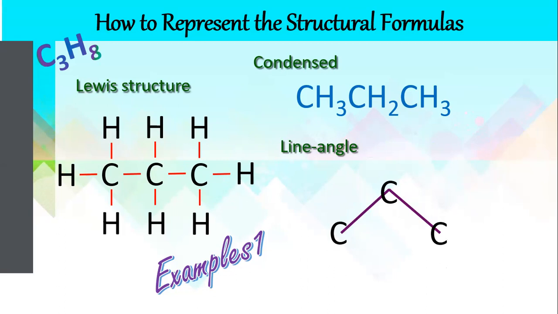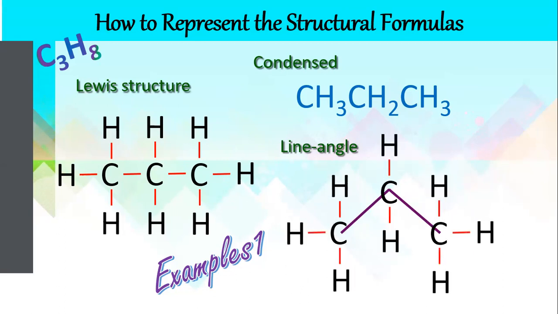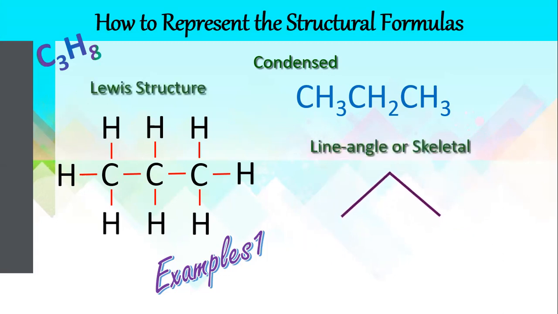Okay, so you have three carbon atoms, and then you have those hydrogens. This line represents the bond between two carbon atoms unless something else is shown. And so we have, once again, one, two, and then three carbon atoms.